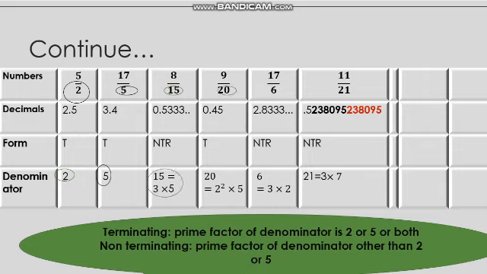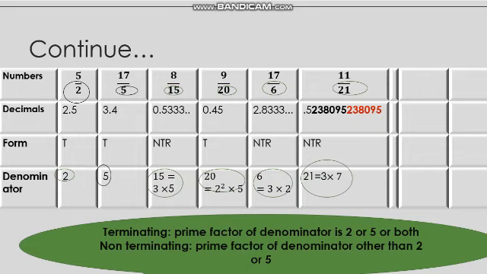The next number has denominator 20, and again we convert it into prime factors: 20 is 2 squared multiplied by 5, that is 4 multiplied by 5. Similarly, the next is 6, whose prime factors are 3 into 2, and 21 has prime factors 3 into 7.